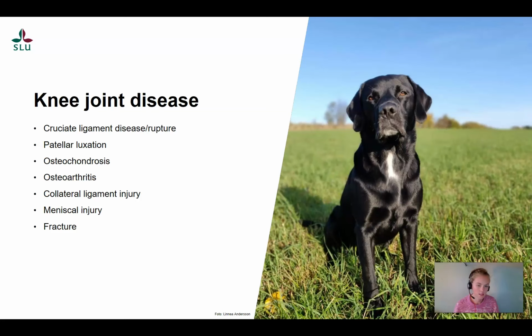And this condition mainly affects breeds of small sizes. There are also many other conditions such as osteochondrosis, osteoarthritis, which is also called arthrosis, collateral ligament injury, meniscal injury, and fractures, for example. But cruciate ligament disease is generally reported as the most common condition, and that will be our focus for today.